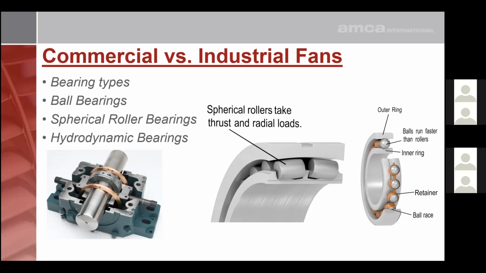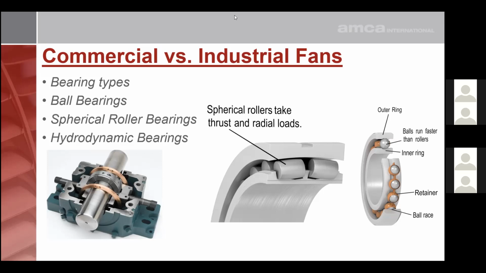These bearings are often referred to as self-aligning bearings. The spherical rollers themselves and the inner and outer races allow for the inner race to pivot with respect to the outer race without impacting the bearing life. Generally, the misalignment is ultimately dictated by the seals that are in the bearing housing.